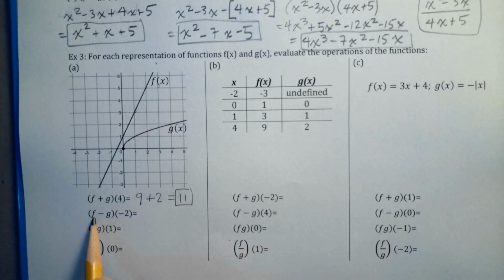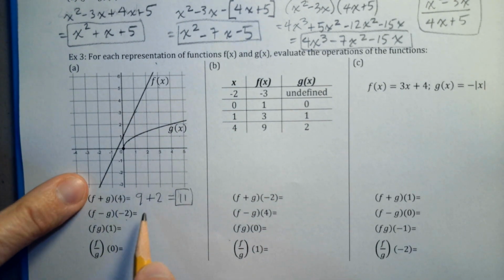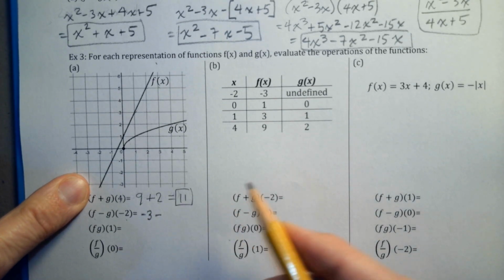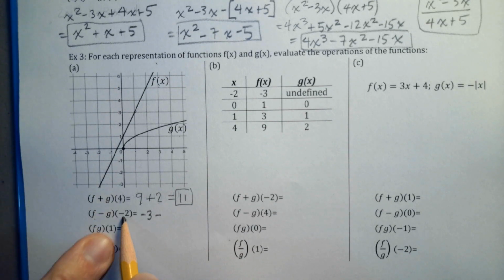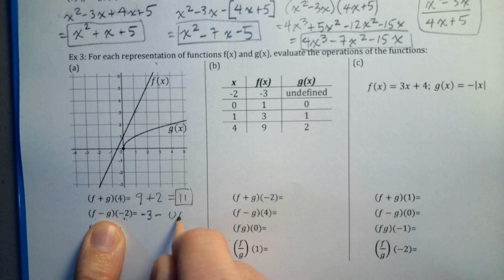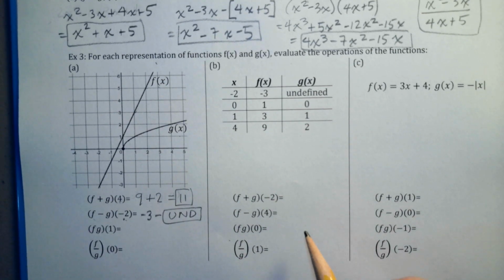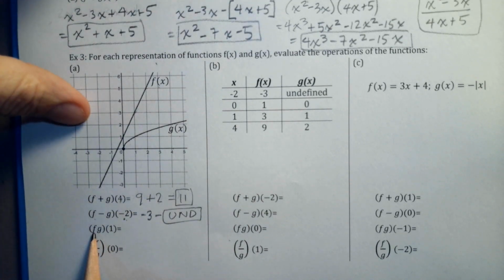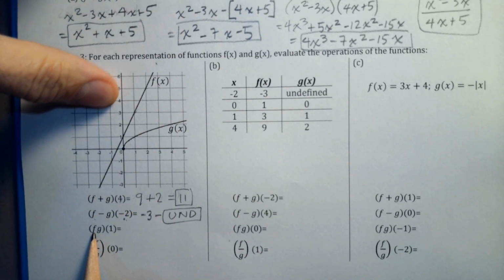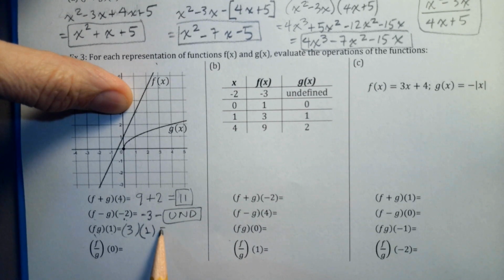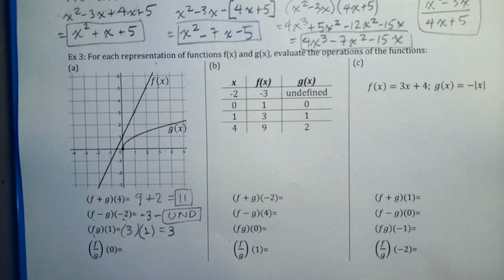All right, so f of -2, that's just -3. We're going to subtract then, oh, well, g of x is not defined at -2, so this one is undefined. All right, next one, f of 1 clearly is 3 times g of 1, which is 1. So this is 3.